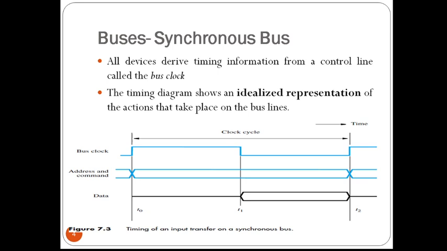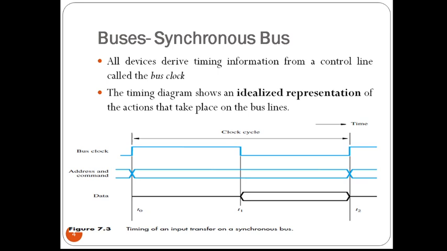Okay, it is figure 4.23 from the textbook. You can see we have the address and command line, and then we have the data line, and here is the bus clock. The address and data lines in this and the next figure are represented as high and low at the same time.